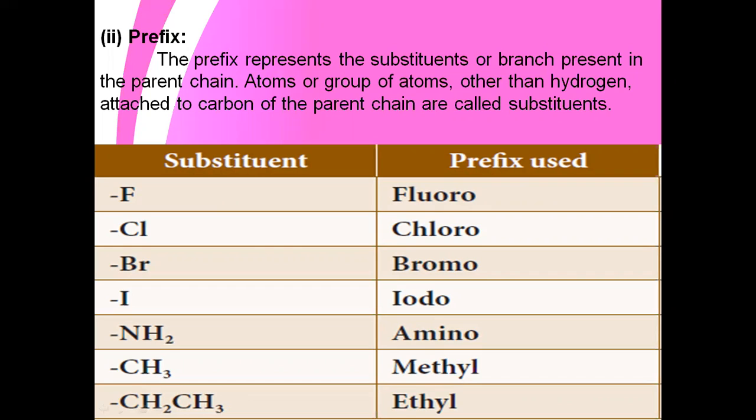Most compounds start with the root word, while some start with a prefix, root word and suffix. If the substituent F is present on the carbon atom, it is called fluoro. Cl is chloro, Br bromo, I iodo, NH2 amino, CH3 methyl, CH2CH3 ethyl. This is the prefix word.